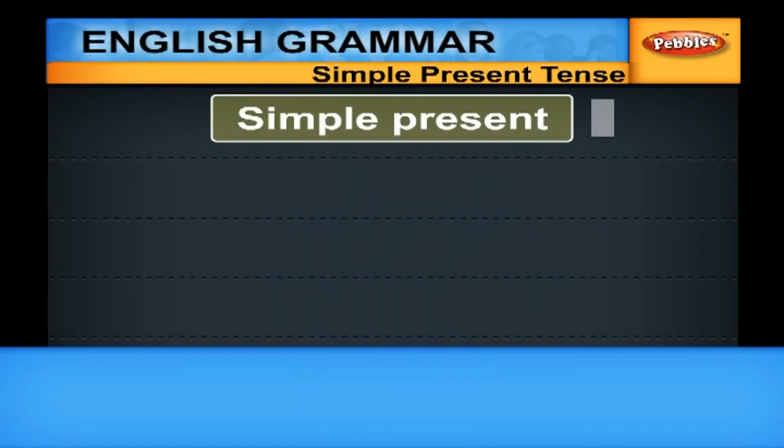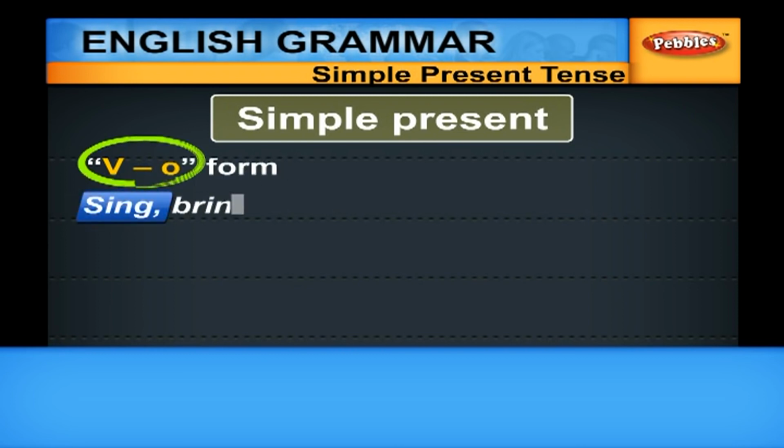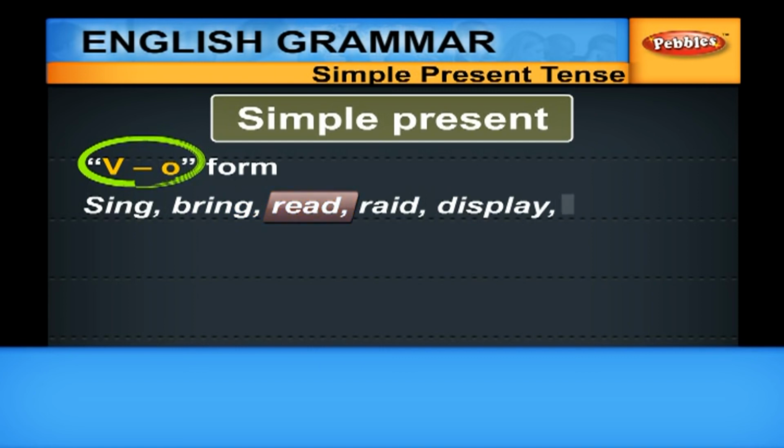Simple present. Tense is present, aspect is simple. You have to be a bit careful when it comes to simple aspect. In the simple aspect, we have to use the base form of the verb, that is VO form: sing, bring, read, raid, display, and bow.